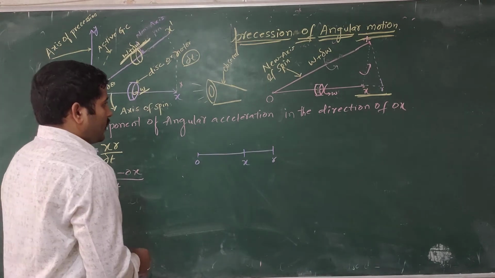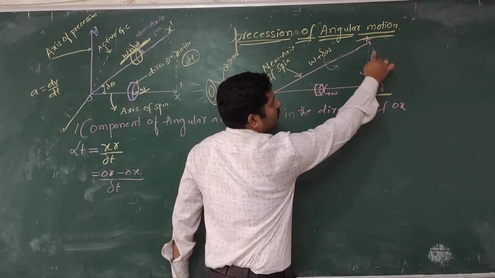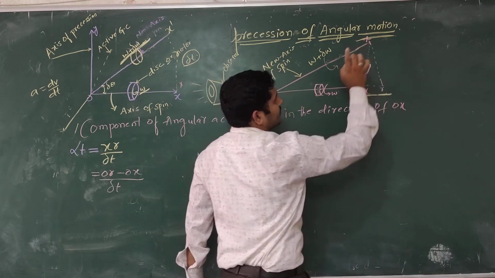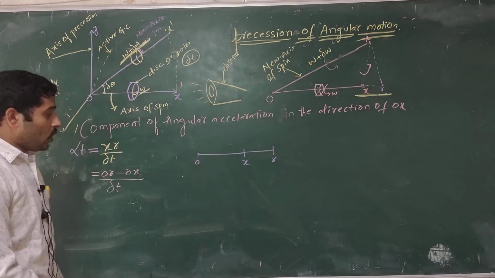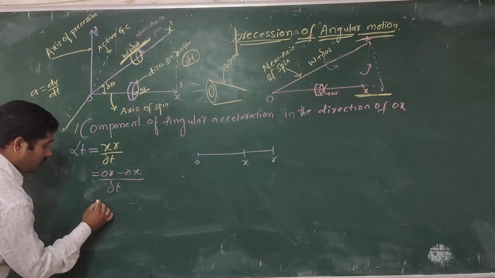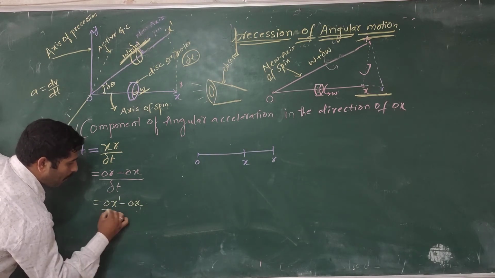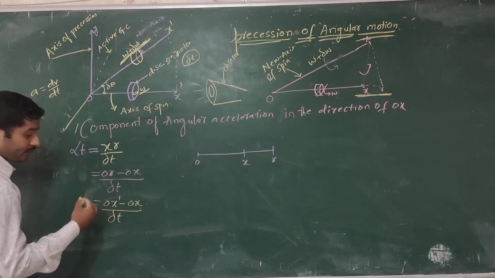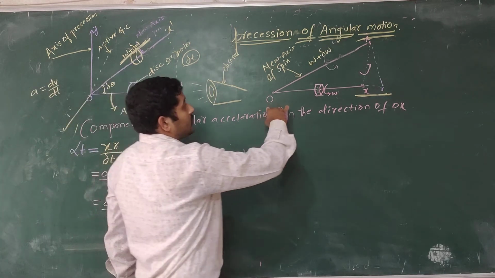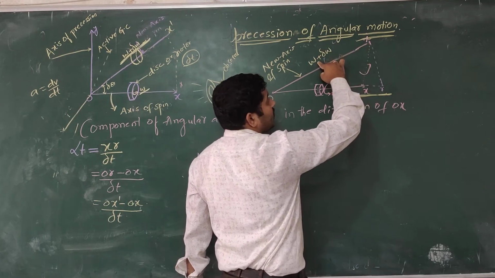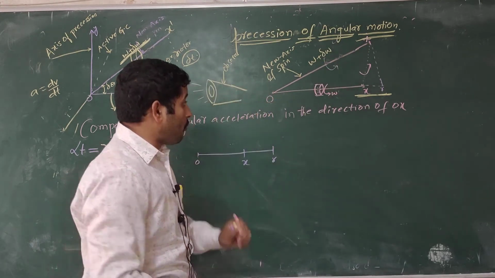Okay dear. Then O to R means total how much is there? OX dash. What can we say here? OX dash minus OX by delta t. OX dash, how much is the change? Let us see, that is the most important here.